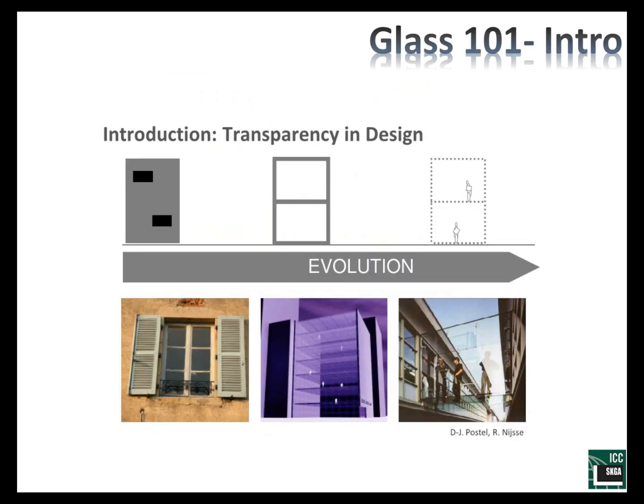So first, Glass 101, just a little bit of background. Why are we even discussing glass as a structural material? There's been a large evolution in glass as a material used in buildings since the beginning of the modern era in building design, an evolution towards transparency.